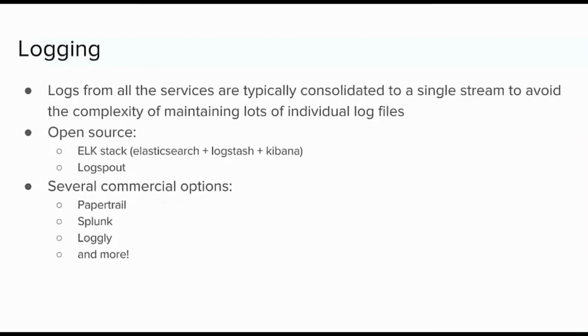That's the leading open source solution for logs. But then there are many commercial ones as well. I list a few here, but there are more. So plenty of options. Ideally, you should decide on one if you're going to do this.